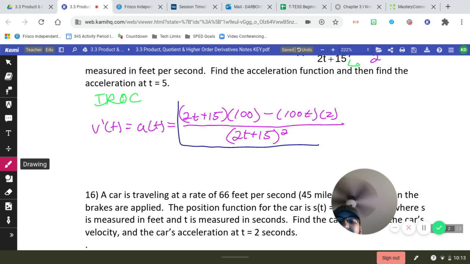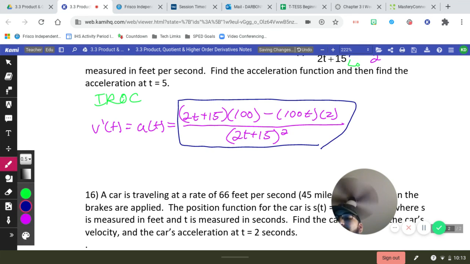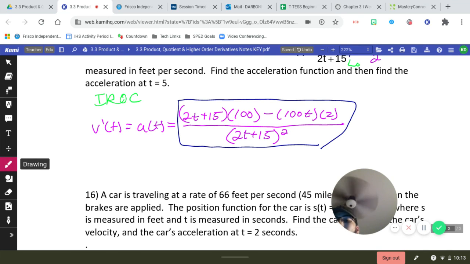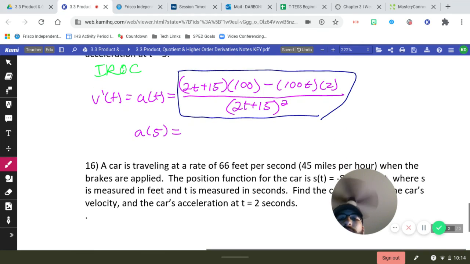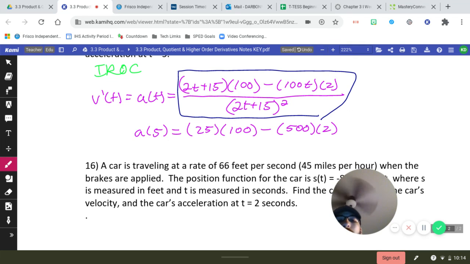My second piece, I want to plug into it. So a of 5 is equal to 2 times 5, that would be 10 plus 15, so 25 times 100 minus 500 times 2. Once again, down on the bottom, that would be 25, but we are going to square that.